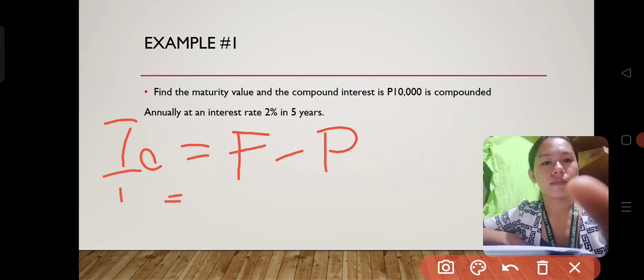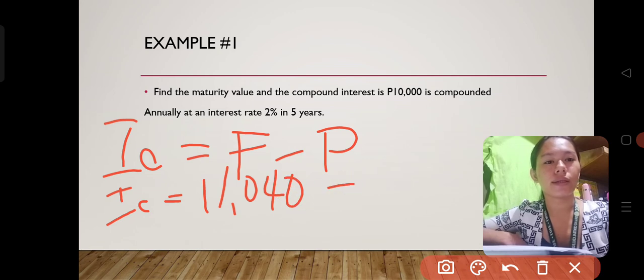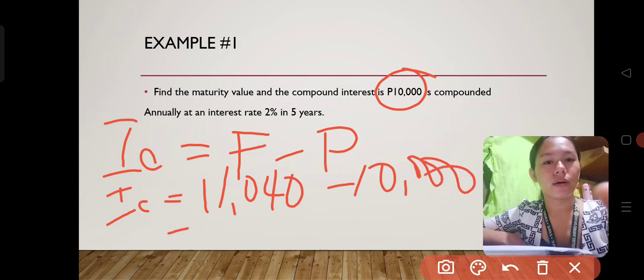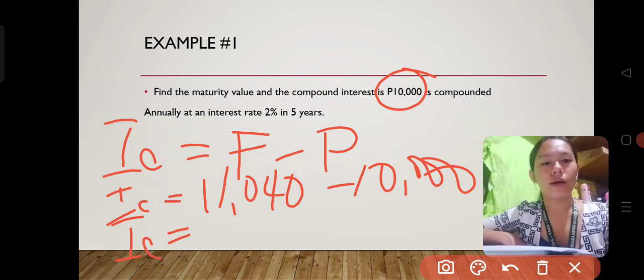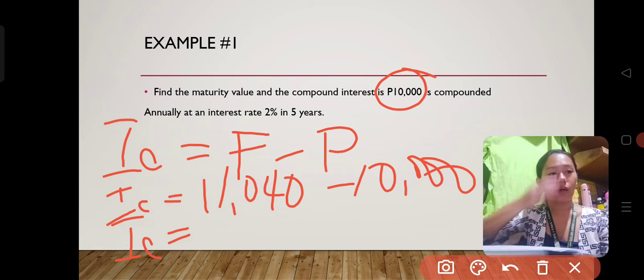Since F is already nakuha na natin, 11,040 minus the principal value, the 10,000. So our compound interest is 11,040 minus 10,000.